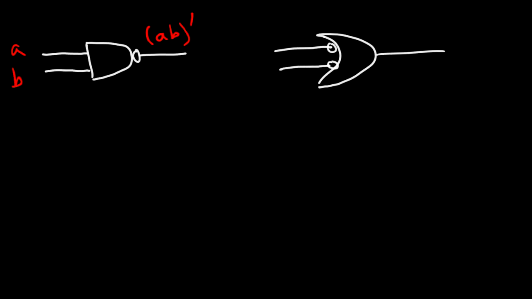So we're going to put a circle at the inputs. So the input is A and B, but at arriving at the circuit, A becomes A prime, B becomes B prime. Now we have the OR symbol, and so initially the output will be A prime plus B prime.